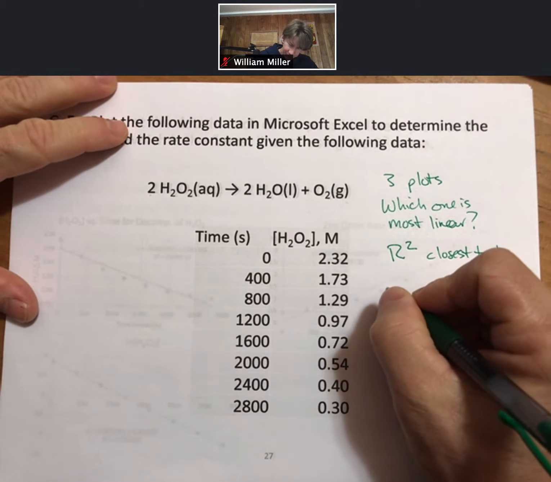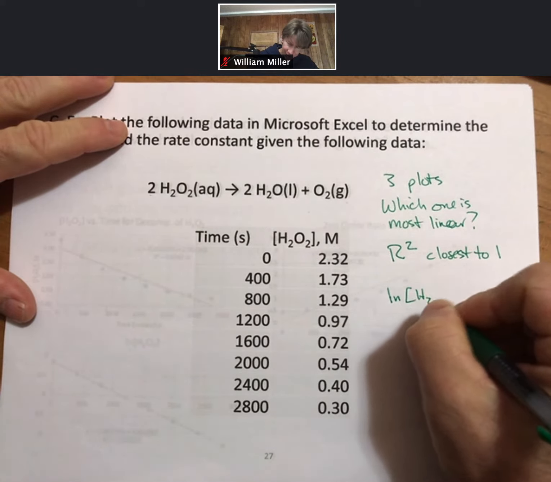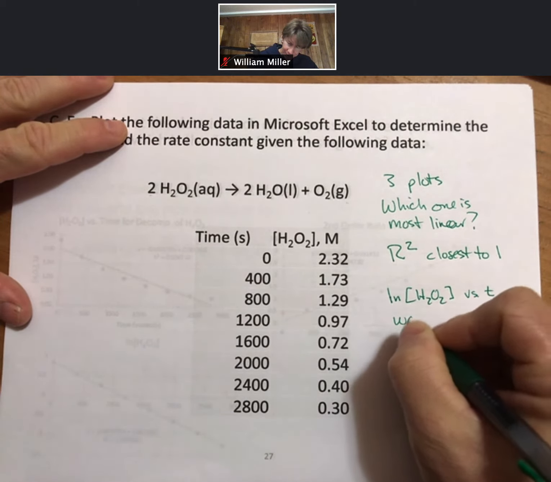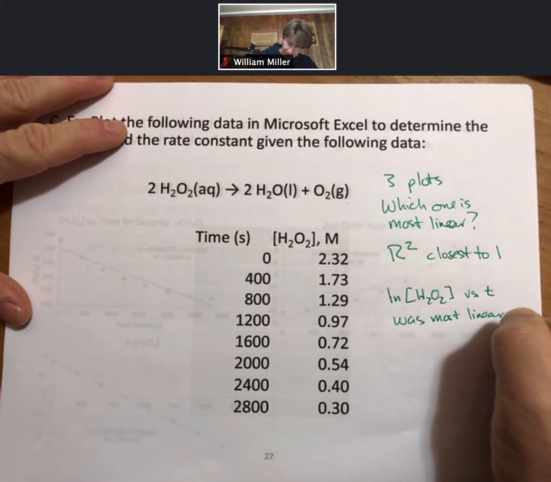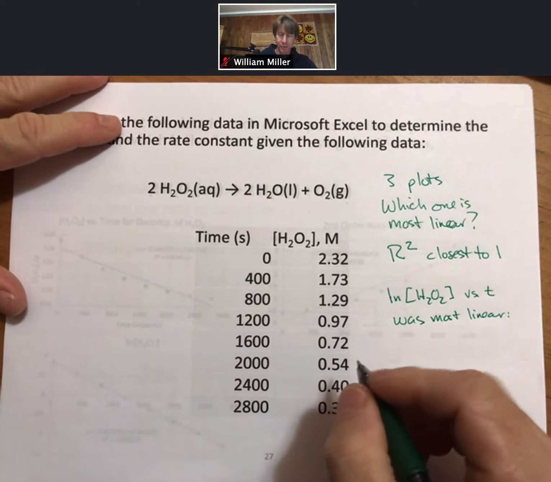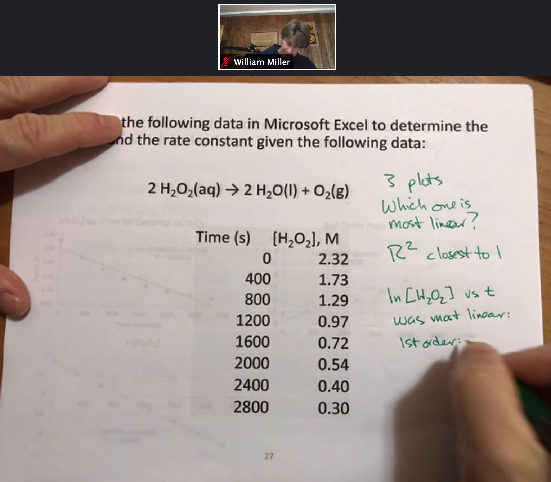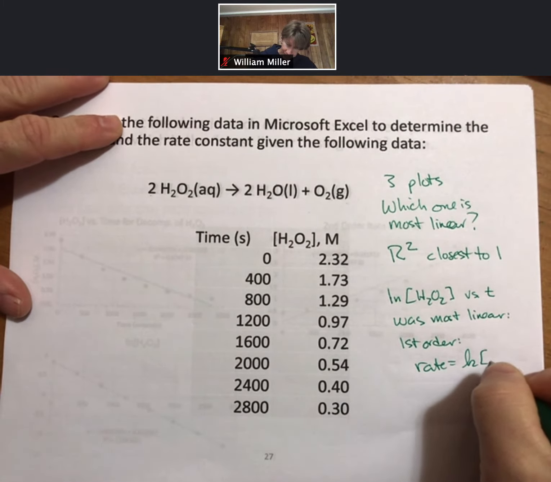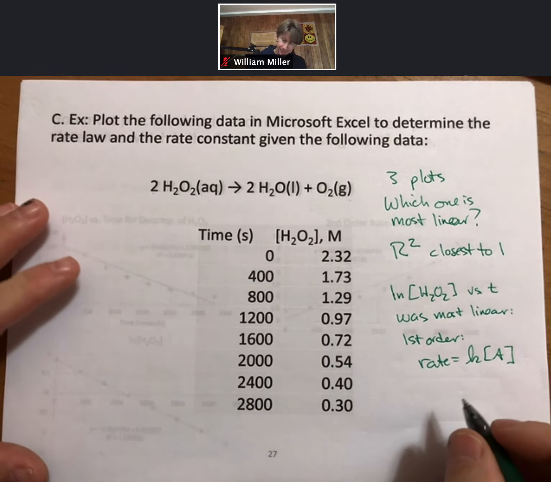So the natural logarithm of concentration of peroxide versus time was most linear. So our rate law is first order, which means rate equals k times concentration.